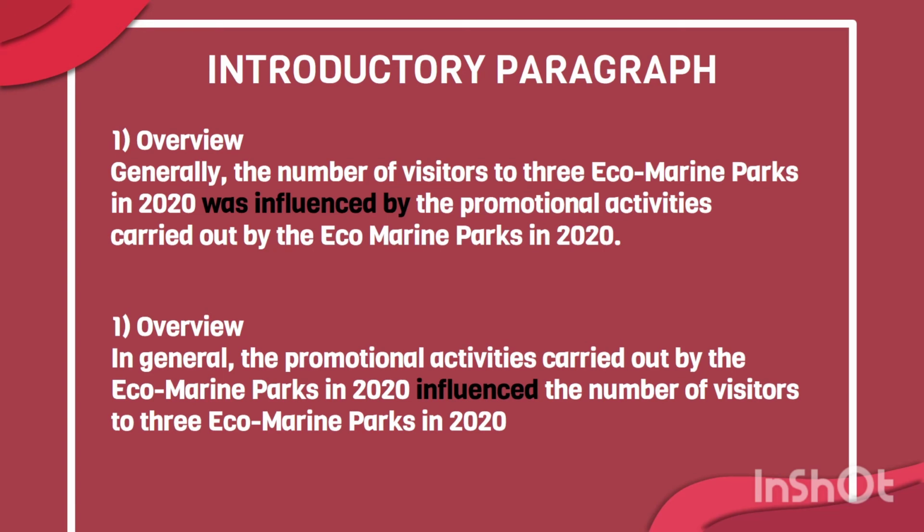Am I right or not? So this is the relationship that you have to look at. Positive relationship means as the number of visitors increases, the promotional activities also will increase. This is the normal kind of relationship.